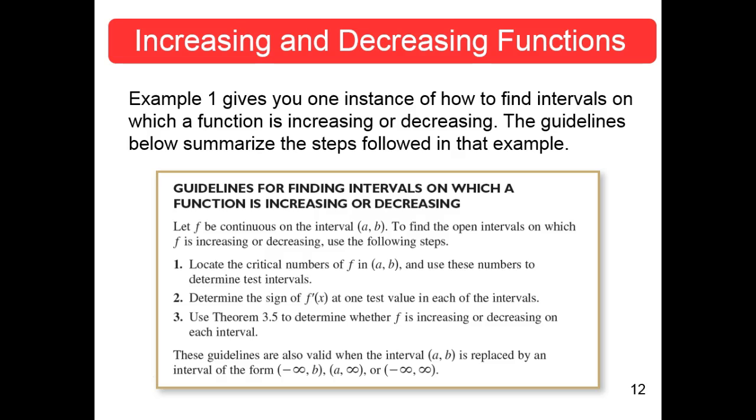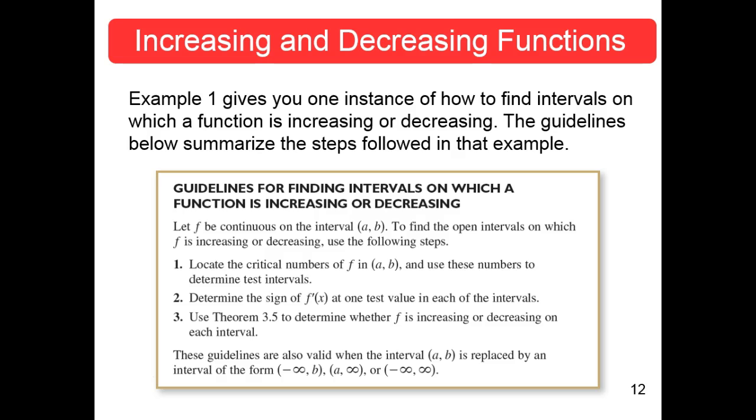Determine the sign of f prime, first derivative, as one test value at each of the intervals. You only need one, okay? Because in between the intervals, you can't have any other places where the first derivative is 0 or doesn't exist, because you found them all when you did that first step, okay? So it's got to be either strictly increasing or decreasing in between any of those critical values.